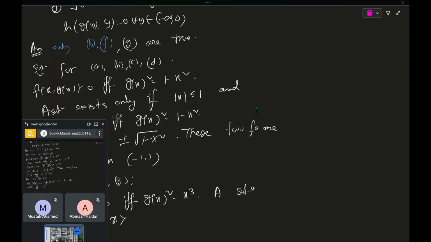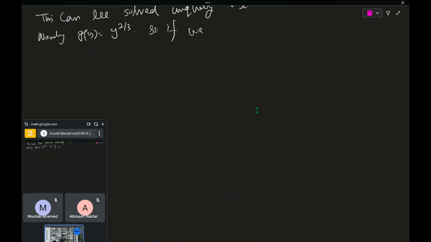This gives g uniquely for all y belonging to R, g(y) equal to y to the power 2 by 3. So if we delete 0, then it will be continuous.